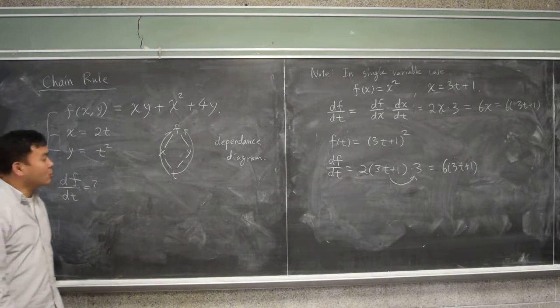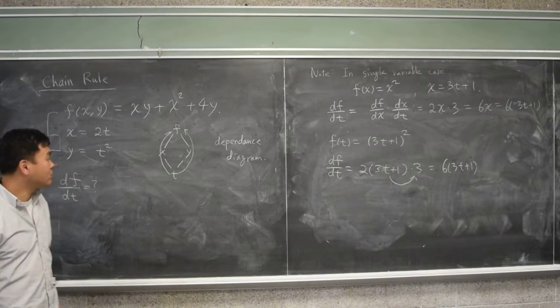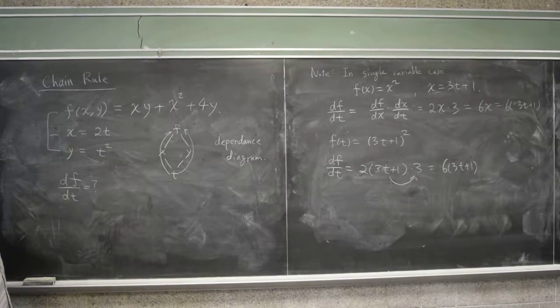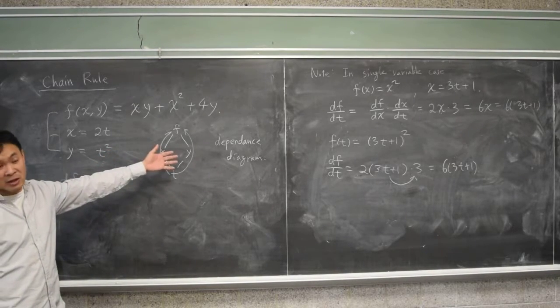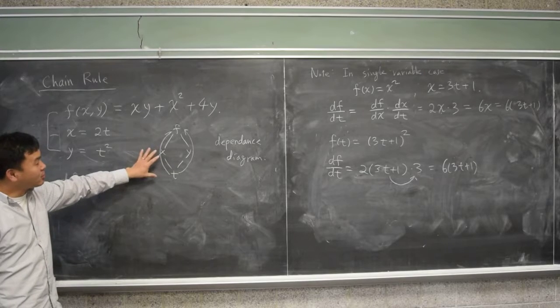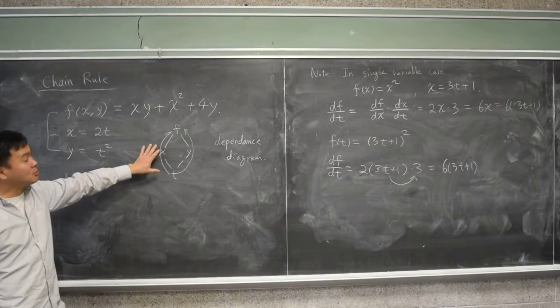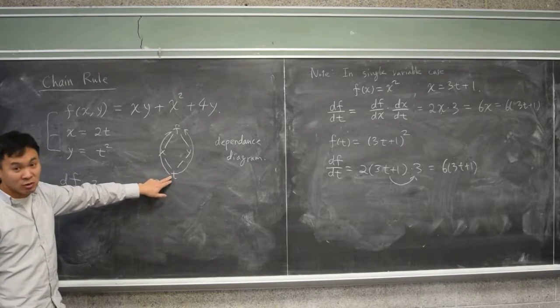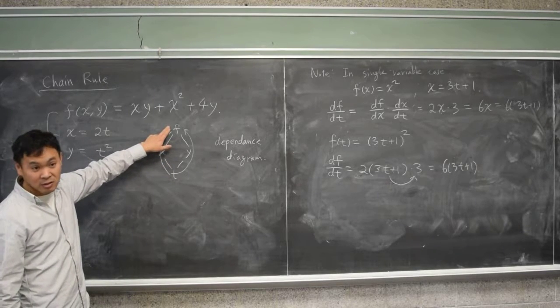And the multivariable chain rule tells us that when we are calculating the chain rule for these complicated dependence diagrams, you have to take into account every possible path by which one variable influences the other.